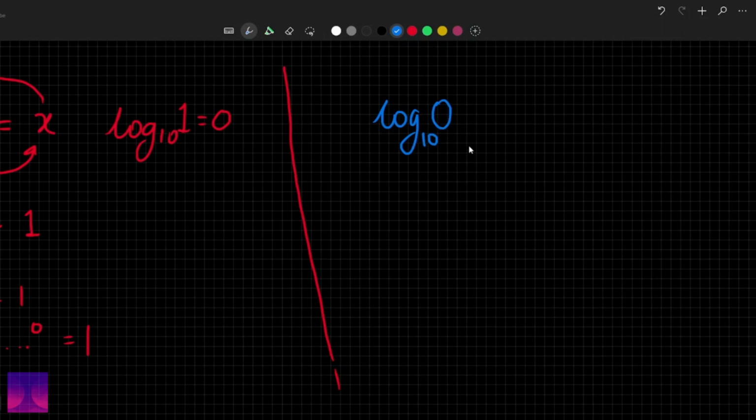Let's say it's x, and let's quickly write it in the form of exponents. Can you think of a number that 10 can be raised to that will give you 0? If x is 1, 10 to the power 1 is 10, 10 to the power 2 is 100, and so on. And 10 to the power 0 is 1. So there is no number which can actually give 0 when 10 is raised to that number. So what do you think the answer is? There's no answer. It's not defined.